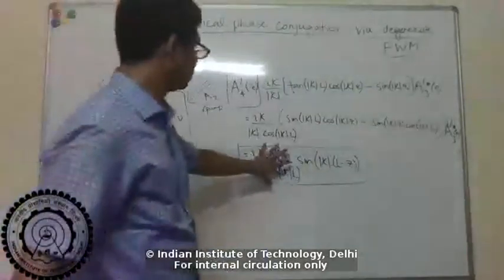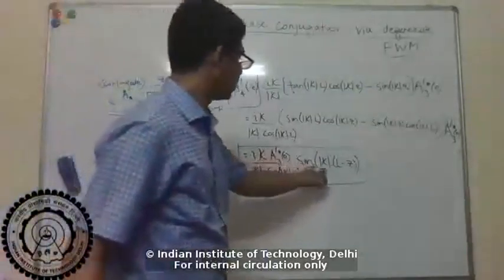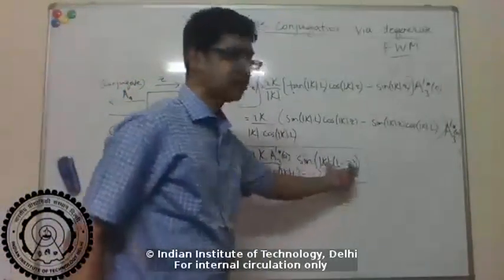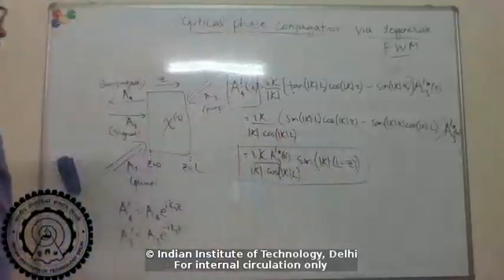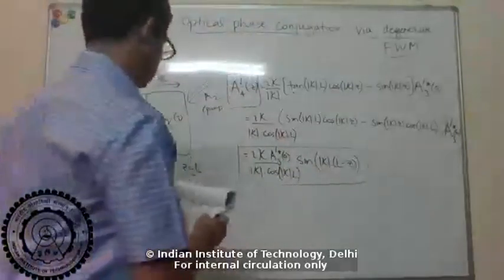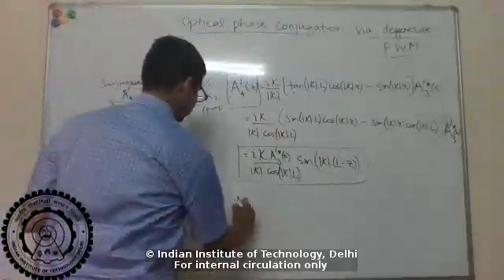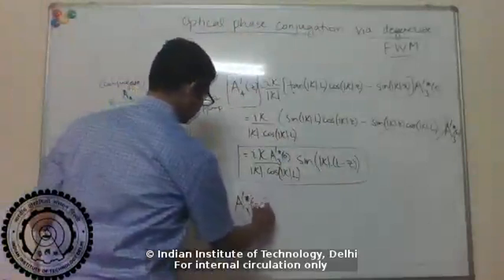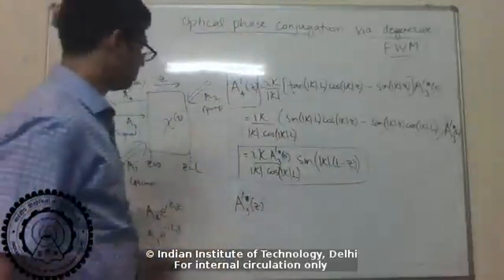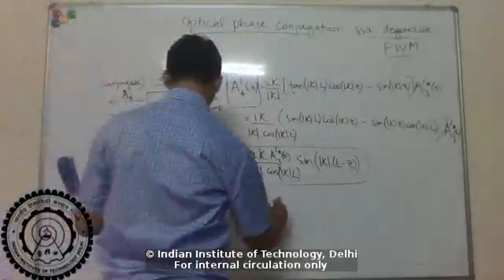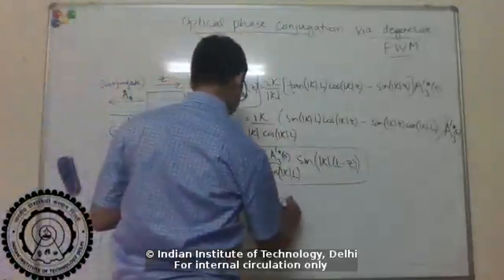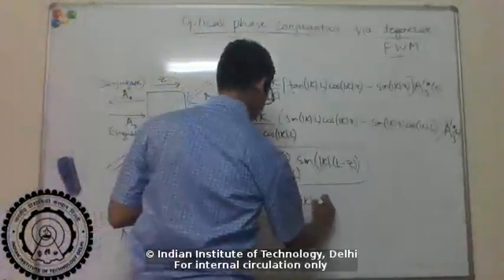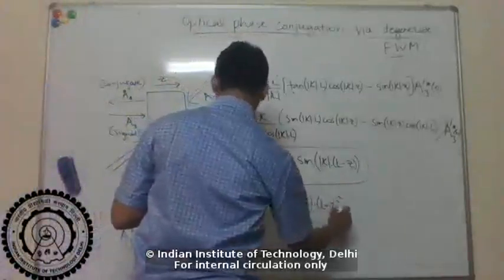So these are all constants, right? It goes as sine of something which is proportional to the pump intensity times L minus Z. Similarly, we can get the solution for A3 inside the medium, and that goes as cosine of L minus Z, you can check.